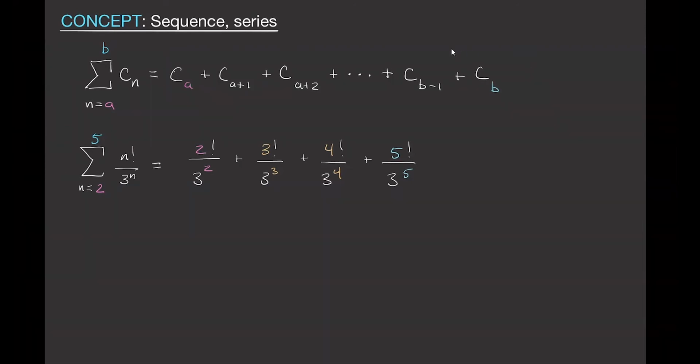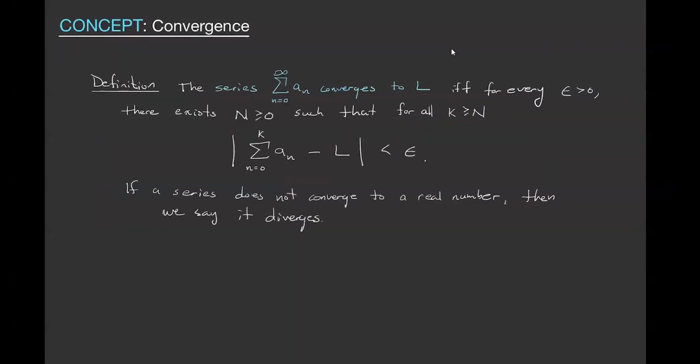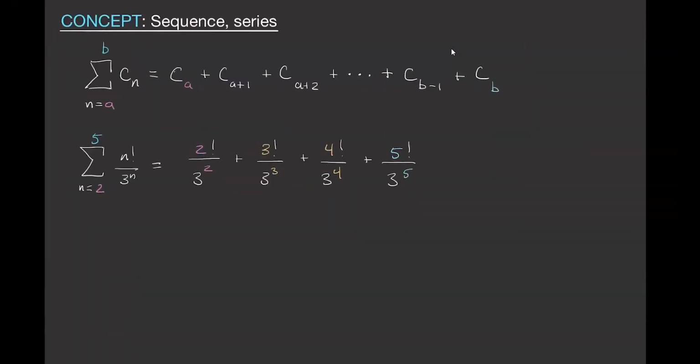Now then, let's jump to convergence. Oh, I should say one more thing. And maybe it's clear, but I really want to make sure it is, to help just make it easier for you later.